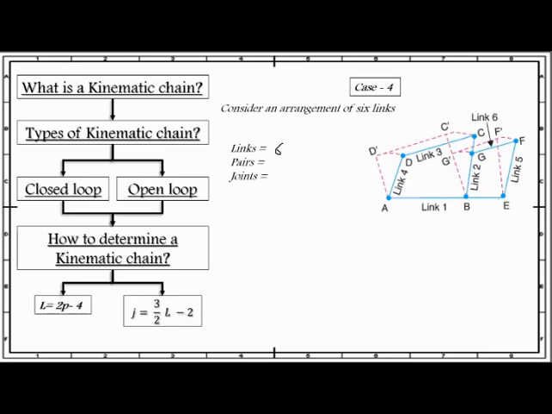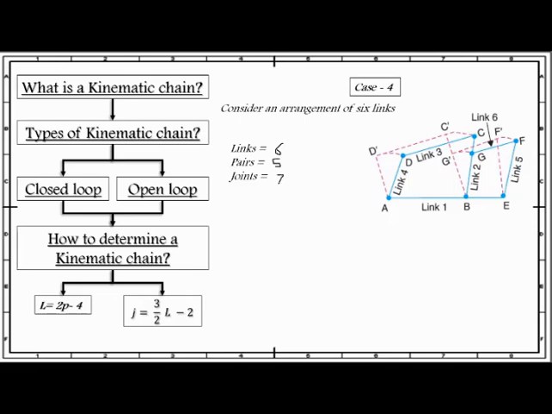AE to EF 1, EF to FG 2, BC to CD 3, CD to DA 4 and DA to AE 5. So there are 5 pairs. And how many joints are there? A, B, C, D, E and F. So there are 7 joints.